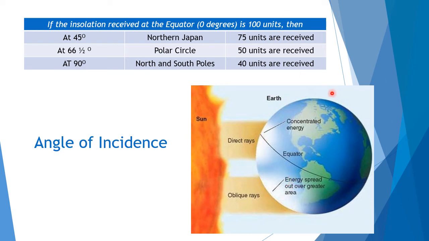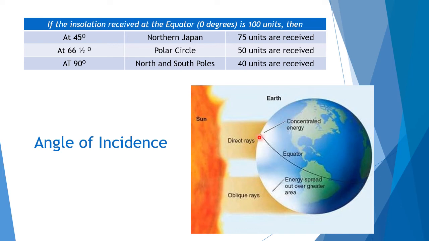As per this table, suppose the insolation received at the equator, that is 0 degrees, is 100 units, because it gets the direct rays. As we go towards the north pole or south pole, the receiving of energy decreases.